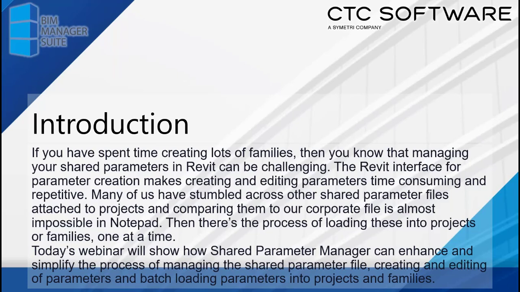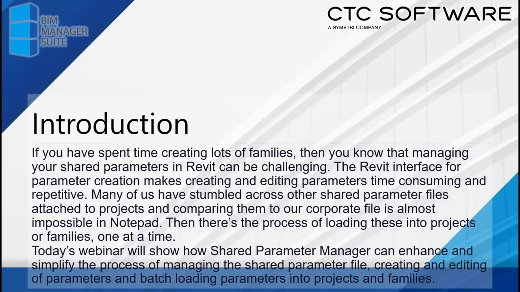And then what if you come across two parameter files, right? You've got your master one or your corporate one that you want to use on all projects and on all families, but then you find one hanging out in your families folder for a project. And now you've got these, and we don't even know what these are for necessarily, right? And there's a handful in there, or maybe you downloaded a bunch of manufacturer equipment or content from another source.